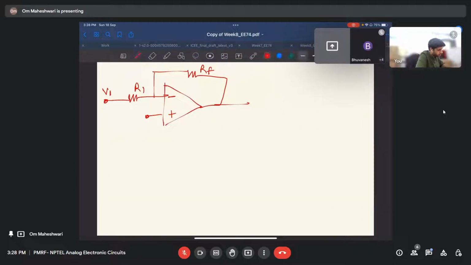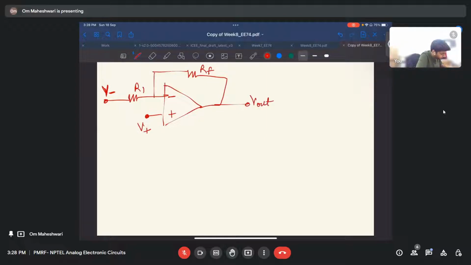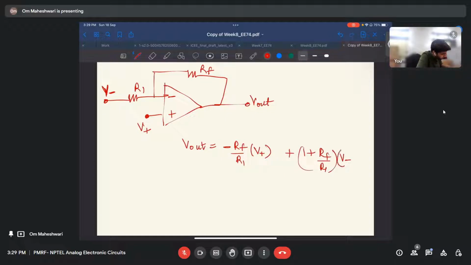Consider this op amp. RF is the feedback resistor, R1 is the input resistor. Let me call this V minus because I am applying it at the inverting terminal, and let me call this V plus. So the output V out is given as minus RF by R1 into V minus plus 1 plus RF by R1 into V plus.